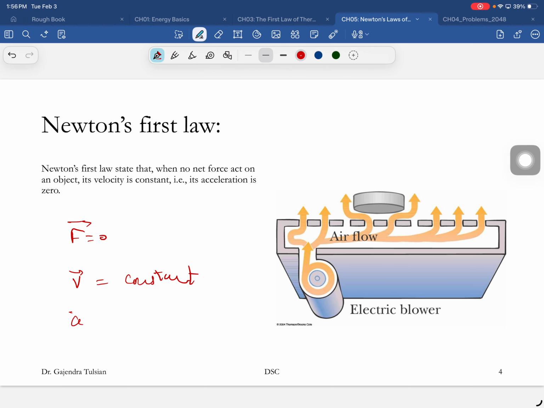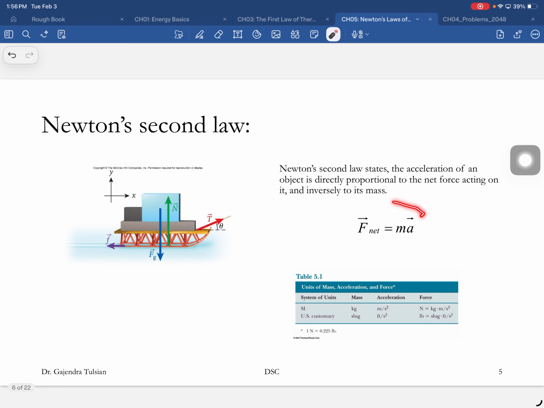Have you guys seen that quarter-mile race? The cars that go a quarter mile. Drag racing. It's a race, so you want to get there as fast as possible.